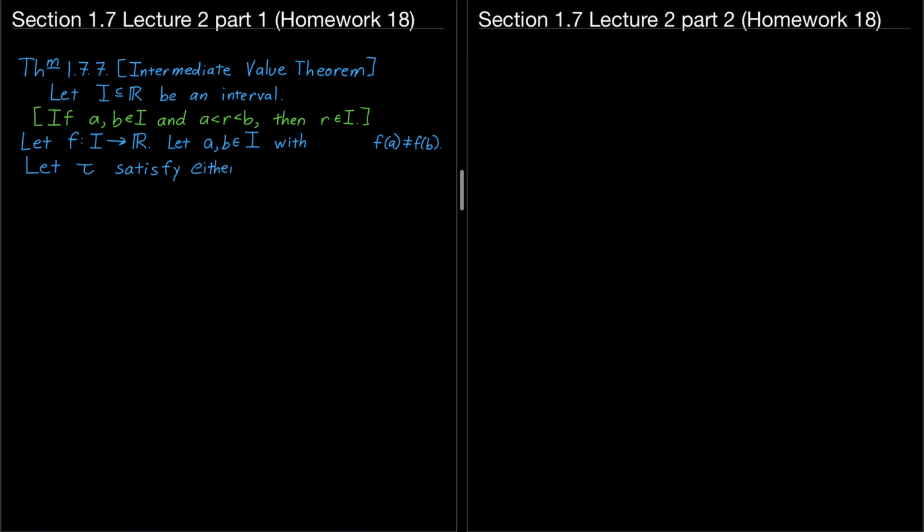Then we've got either f of A less than tau less than f of B, or the reverse, f of B less than tau less than f of A. And the conclusion is that there is some C between A and B with f of C equaling tau.